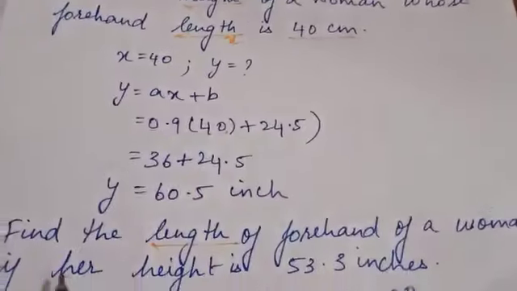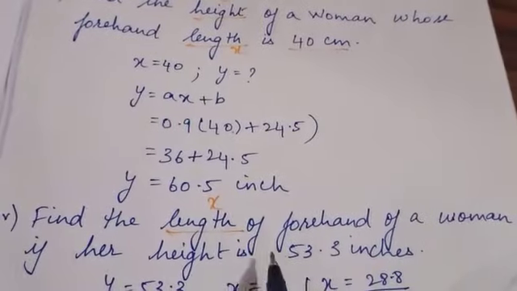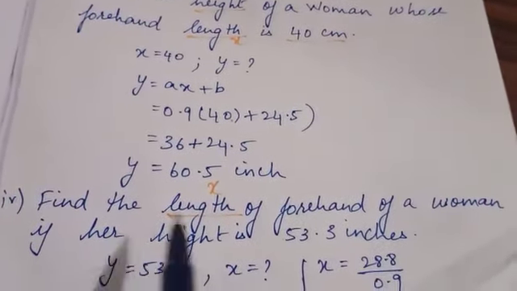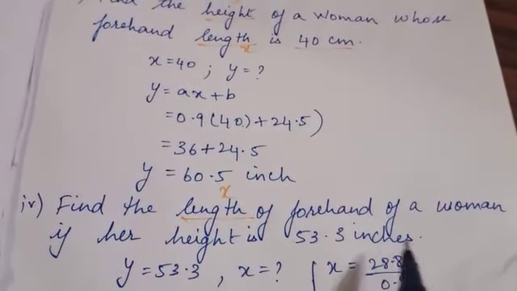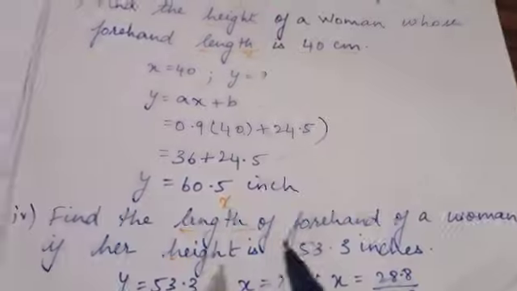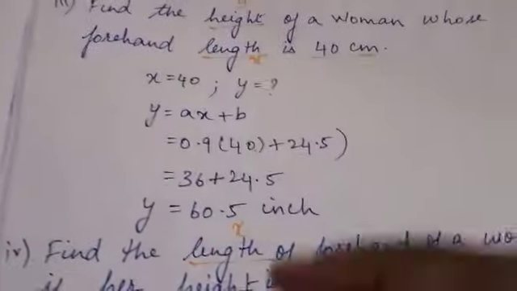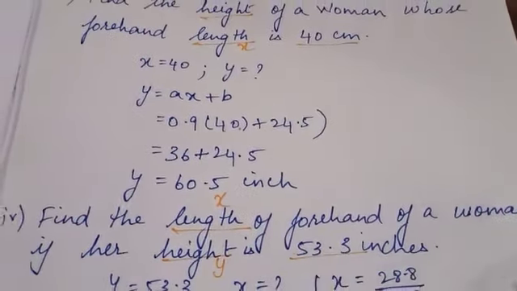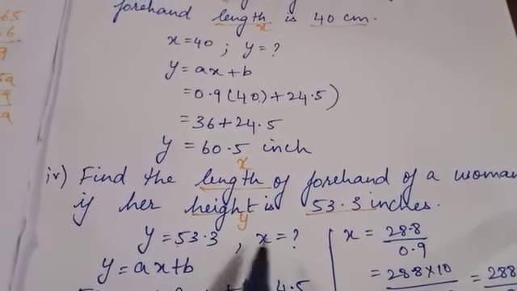So we have to find x of a forehand of a woman if her height is 53.3 inches. So height, what is height? It is y. So our height, that is y, is given and it is 53.3. So y is equal to 53.3 and we have to find our x.